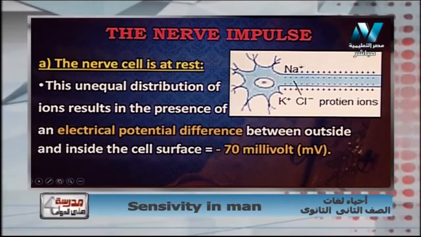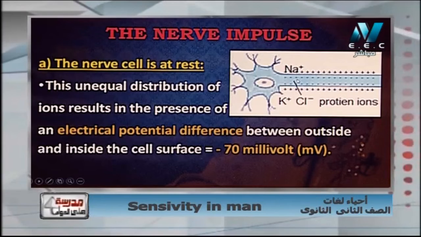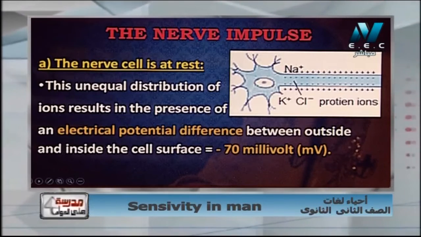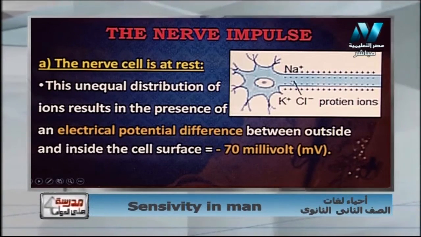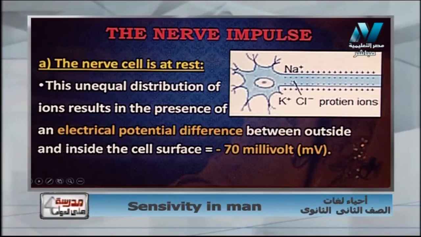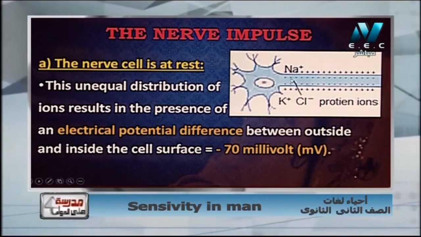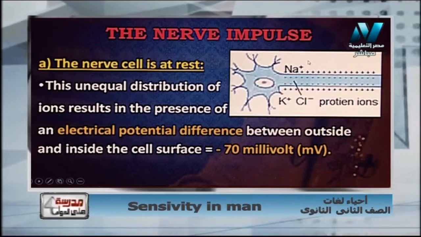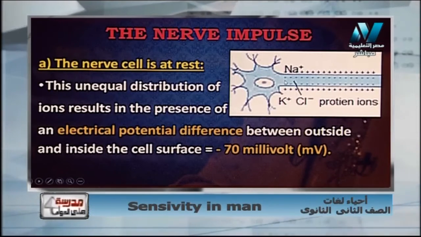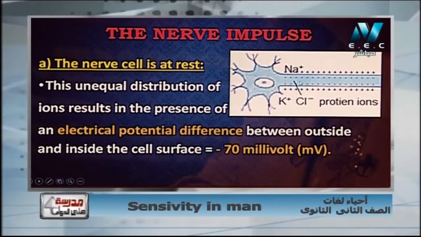So they accumulate outside. But inside the nerve cell, you can notice the presence of potassium ions, which as well are positive ions. But the amount of potassium ions inside is 30 times their presence outside. So the greater number of potassium is present inside.